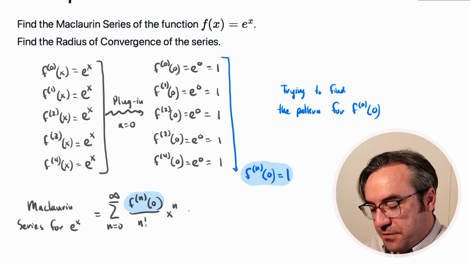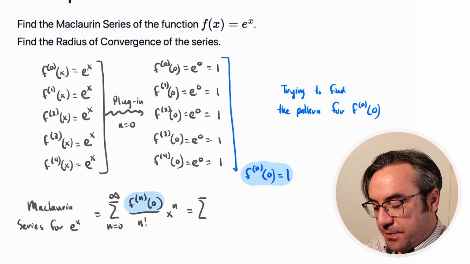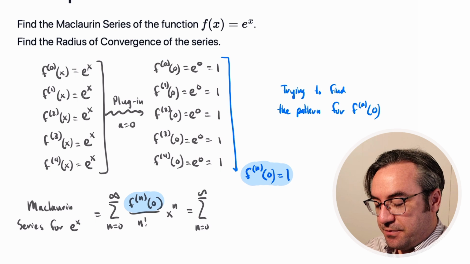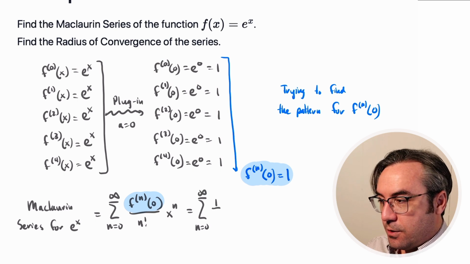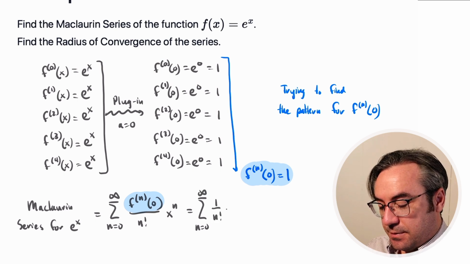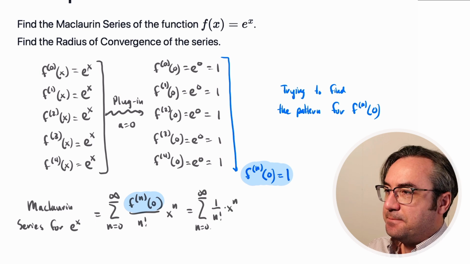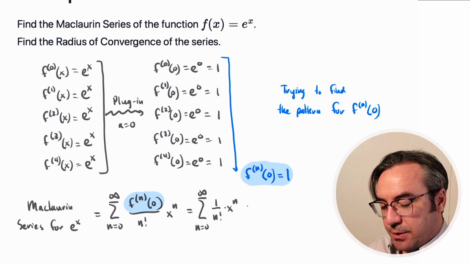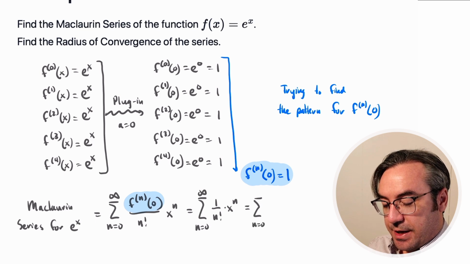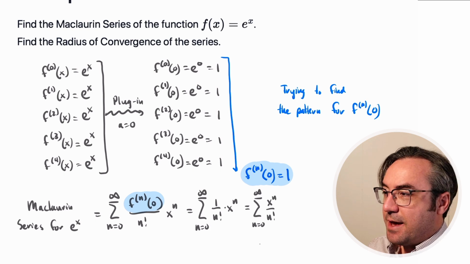All right, so if we fill that in, we end up with the series n equals 0 to infinity, 1 over n factorial times x raised to the n. And a lot of times we will write this by combining it into a single fraction. So we'll have the sum of x raised to the n over n factorial like that.